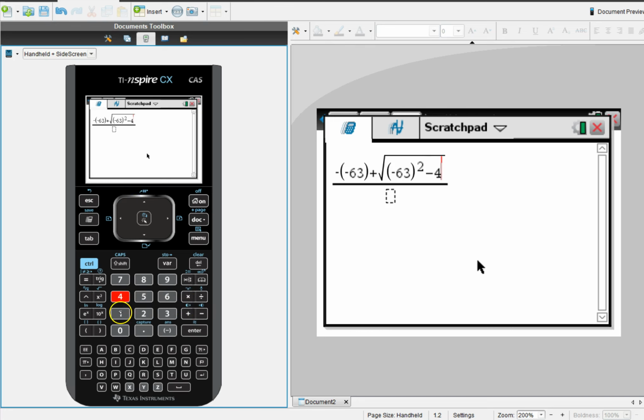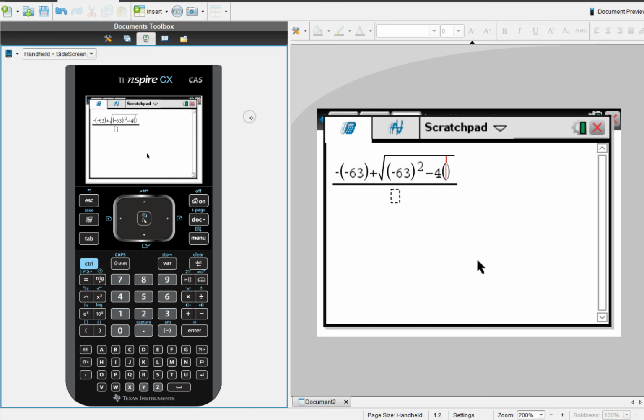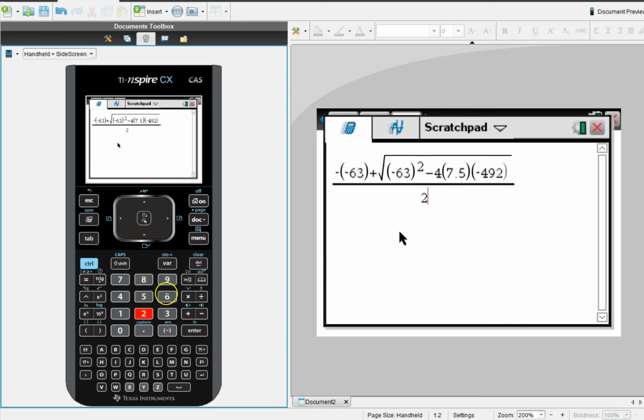Minus 4 times a times c. So that's minus 4 times 7.5 times negative 492. All divided by, don't you dare, all divided by 2 times a.